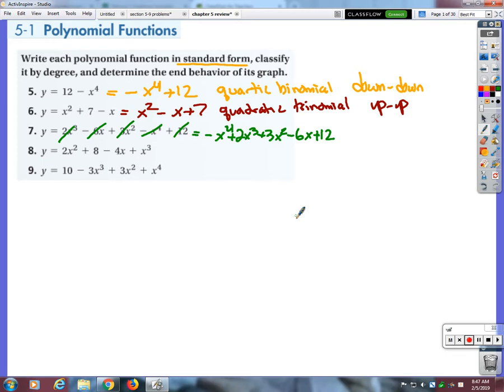So the highest exponent is the 4, and it's got a whole bunch of terms, so we're just going to say quadratic polynomial. And then that is down, down.